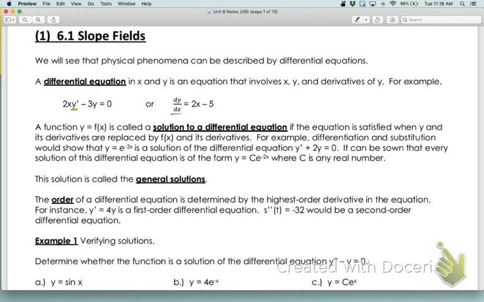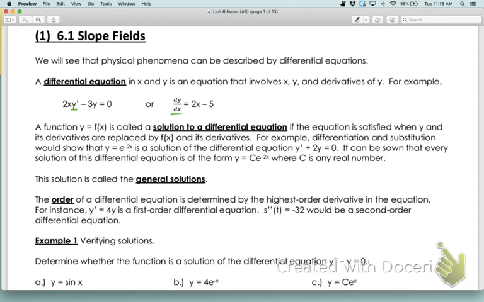What we're going to see now working with differential equations is it may not always come out to be plus c. C might come in all sorts of different ways. For example, the general solution to the one we were just looking at is actually y equals c times e to the negative 2x, where c is any real number constant. Anything that contains that constant c is called a general solution.